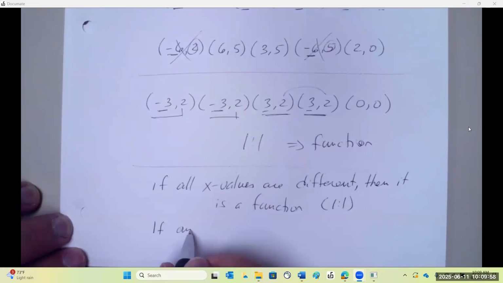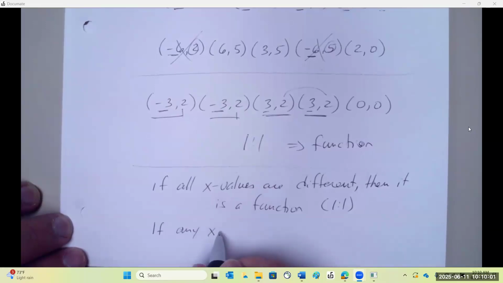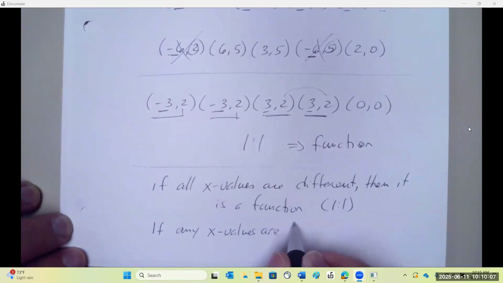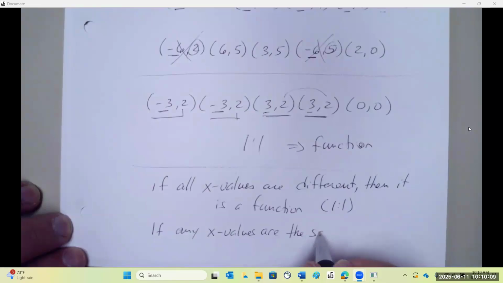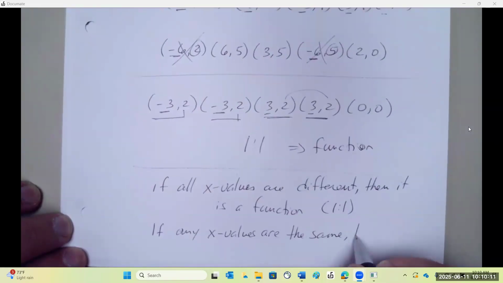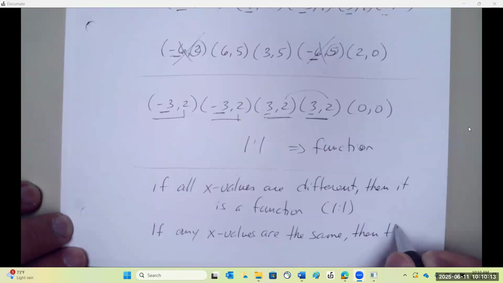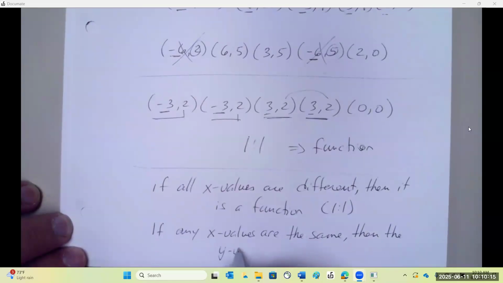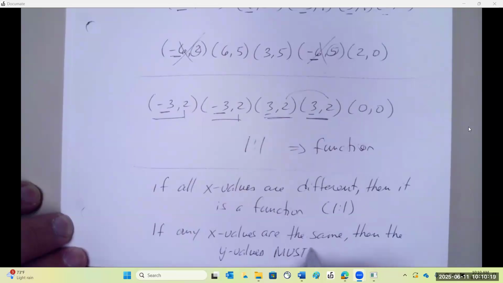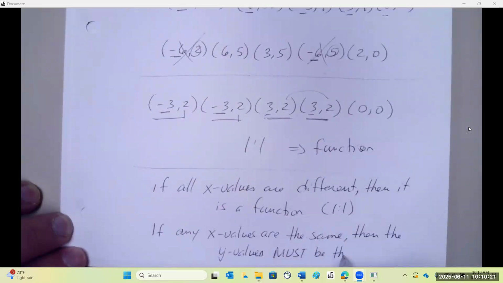If any x values are the same, then the y values must be the same to be one-to-one.